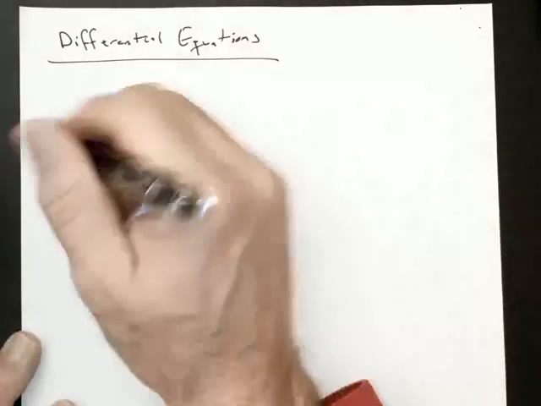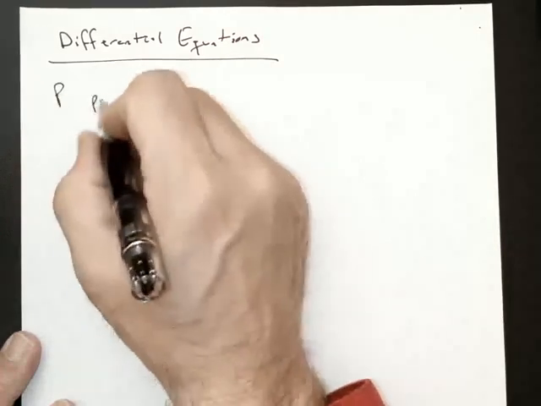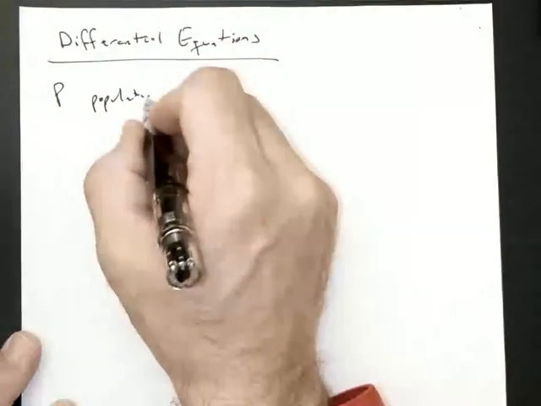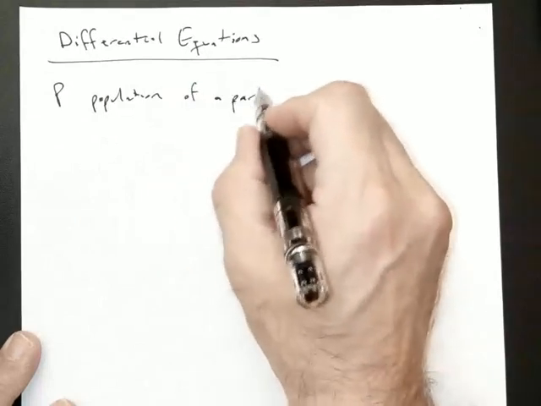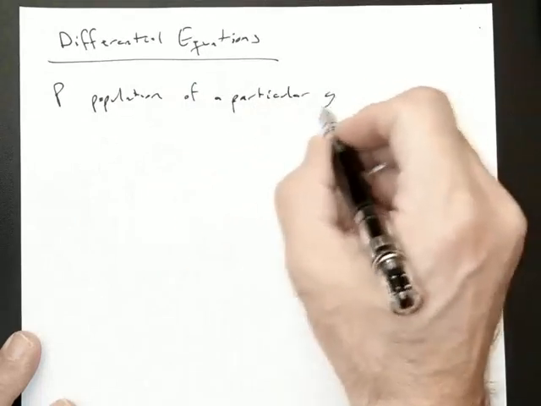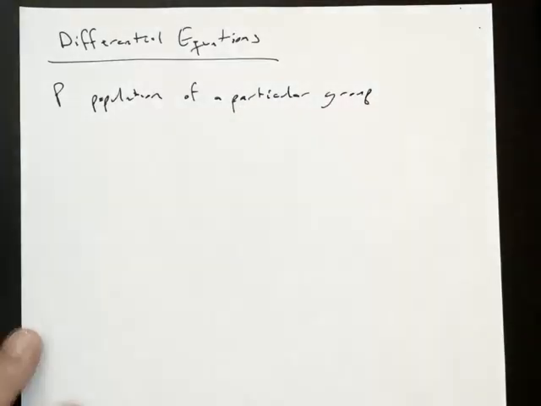Let's consider a population of a group. Now, I don't care if you're studying bacteria in a dish, fish in a lake, deer in the forest, human beings on the continent of Australia, doesn't matter.